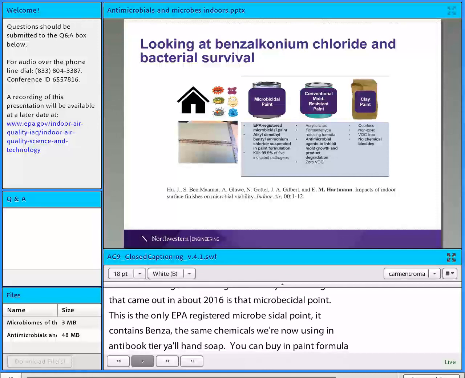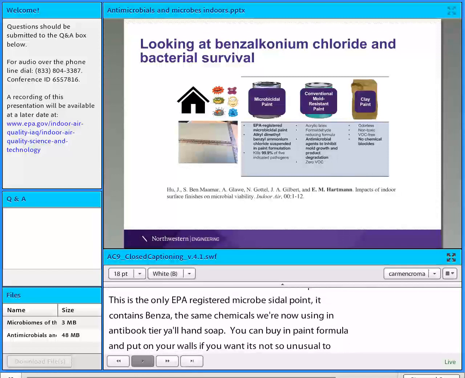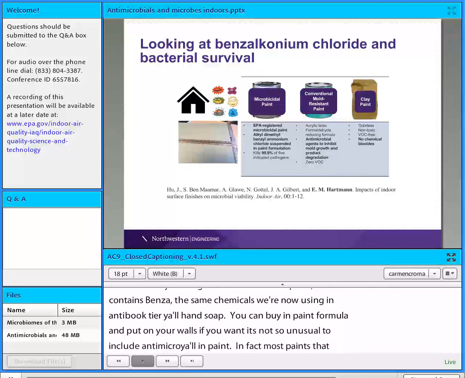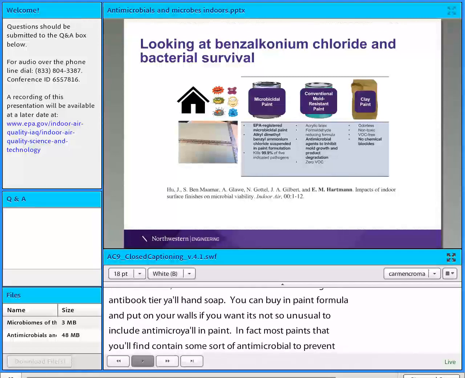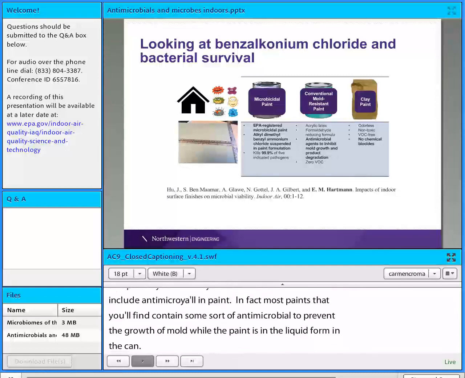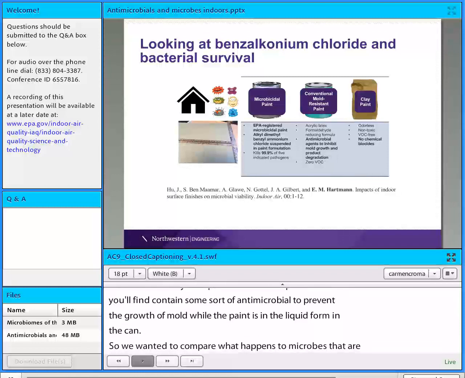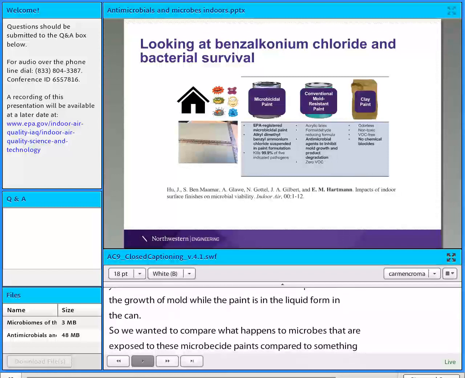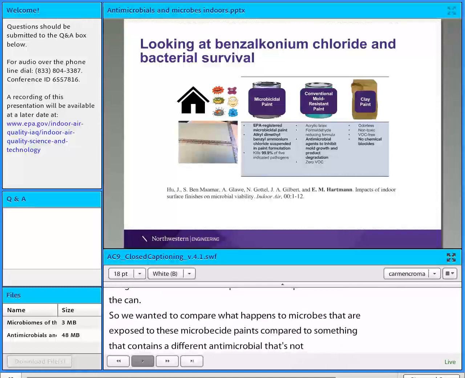It's not, in fact, so unusual to include an antimicrobial in paint, and most paints that you'll buy contain some sort of antimicrobial to prevent the growth of mold while the paint is in liquid form in the can. So what we wanted to do is compare what happens to microbes that are exposed to these microbicidal paints compared to something that contains a different antimicrobial that's not necessarily registered as microbicidal, but still some sort of antimicrobial.